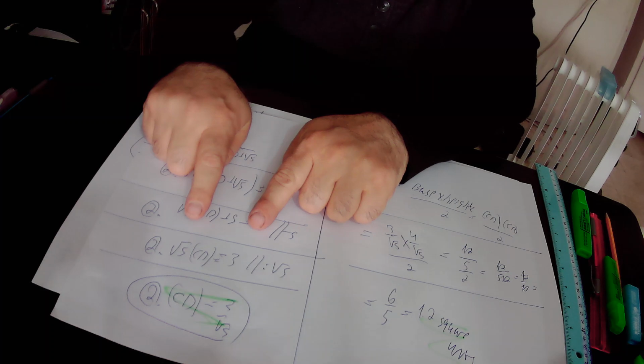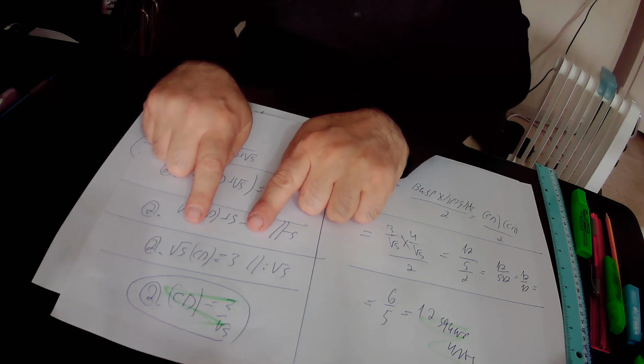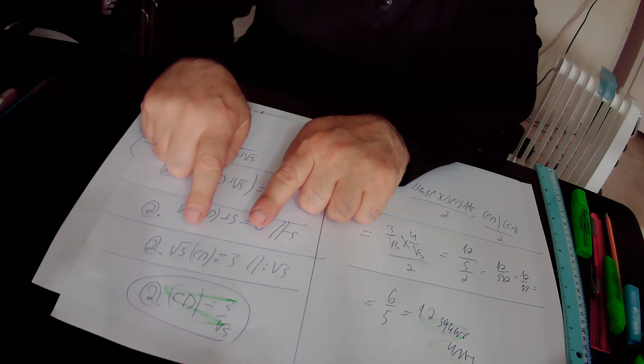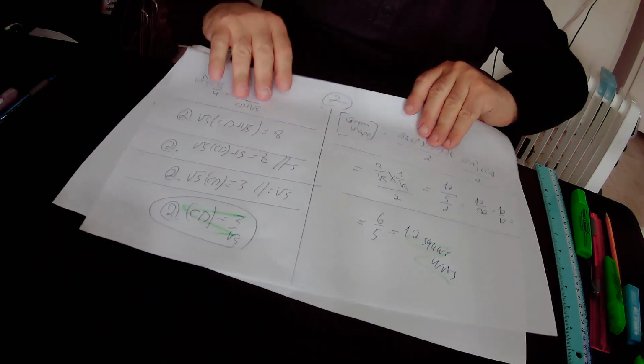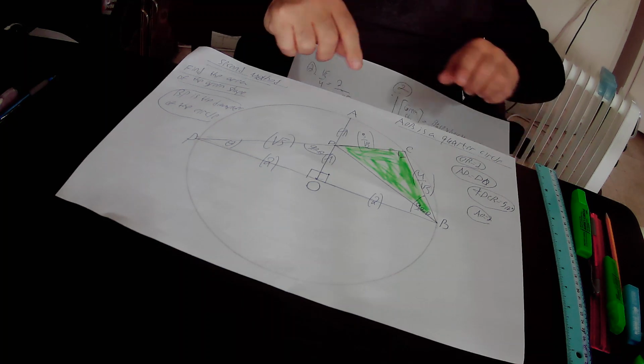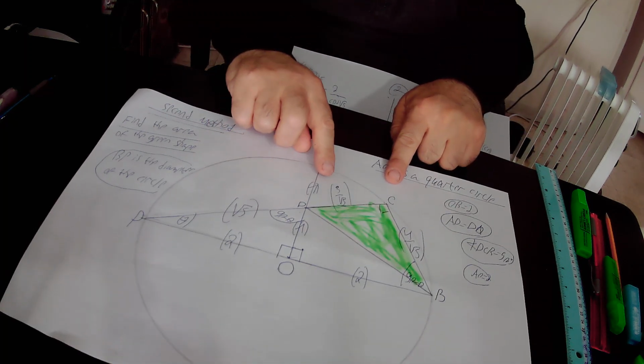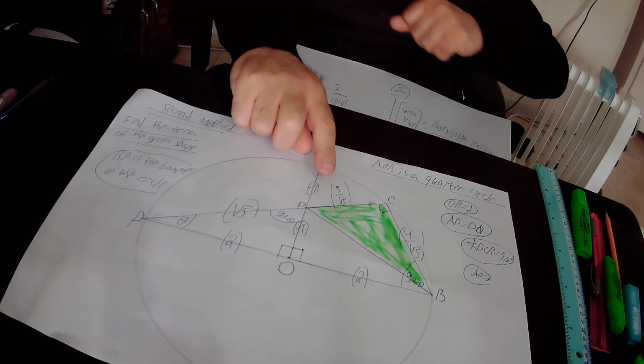Dividing by square root of 5, the missing side CD equals 3 over square root of 5 units.